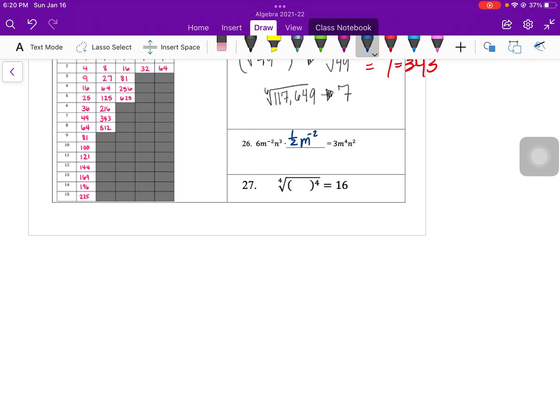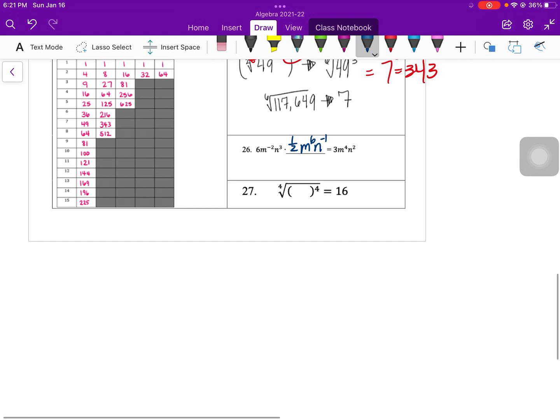Ooh, that is false right there. Okay, remember I want to add. I'm adding exponents. That's my mistake there. So be careful. I have to add something to that. So what number added to negative 2 gives me positive 4, and I believe that's m to the 6th power. What number added to 3 gives me positive 2, and that would be negative 1. So it's 1/2 m to the 6th n to the negative first.